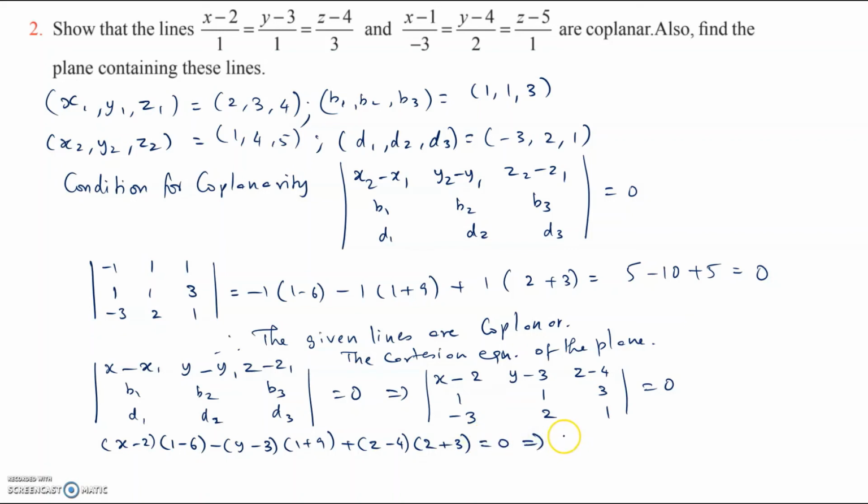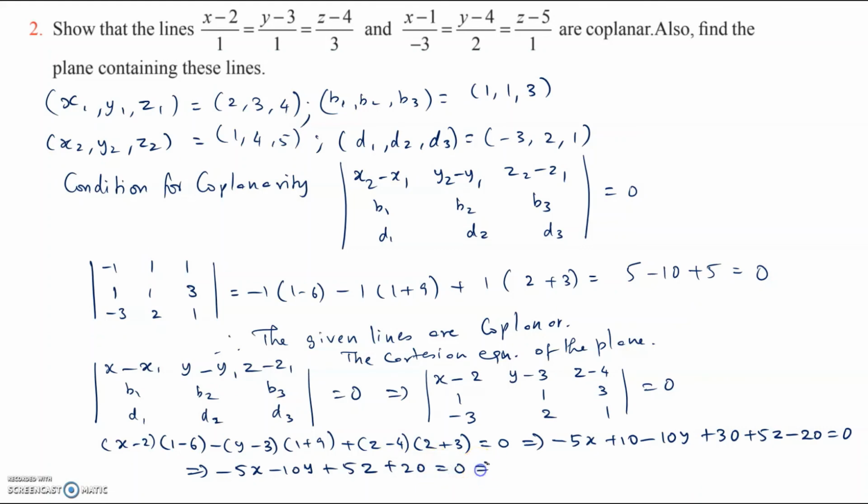Simplifying this further, you get minus 5x plus 10 minus 10y plus 30 plus 5z minus 20 is equal to 0. So further, you get minus 5x minus 10y plus 5z plus 20 is equal to 0.